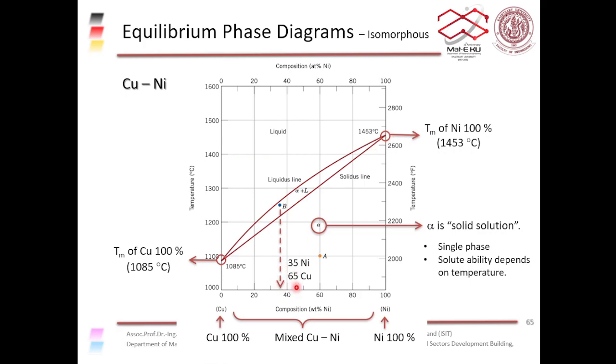But when you mix them together, copper and nickel, like 35% nickel, 65% copper, you don't get that melting point anymore. You have a melting range. So if you have 35% nickel, 65% copper, and you heat it up from room temperature, it will start to melt at around 1210-20 degrees Celsius.